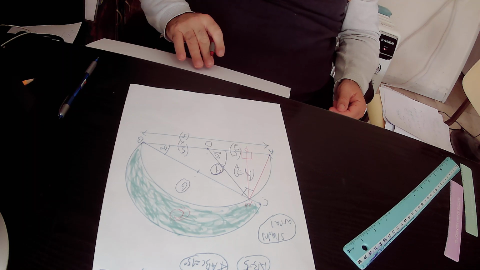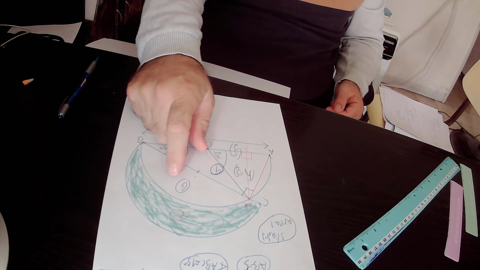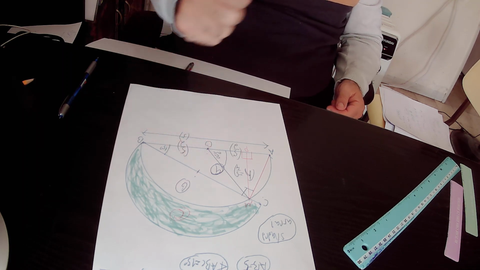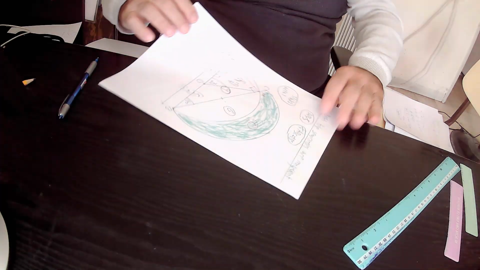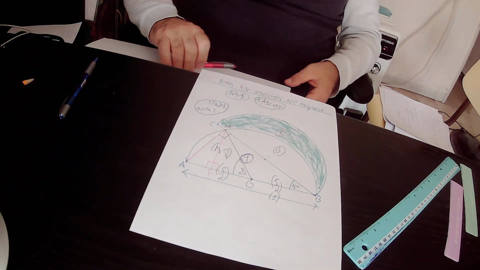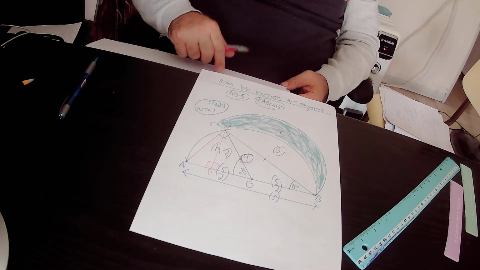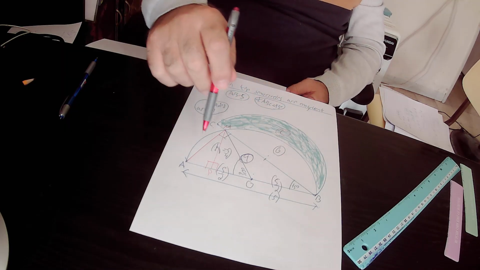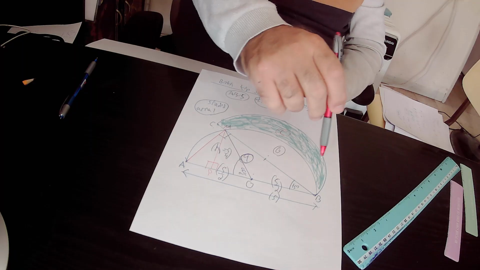Because those two semicircles are identical, they must also have the same areas. So we can write down that the area of this semicircle AB is equal to the area of this semicircle CB.